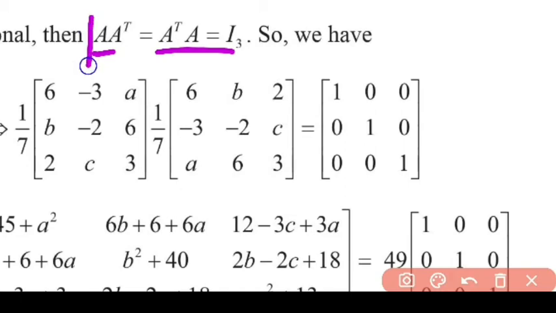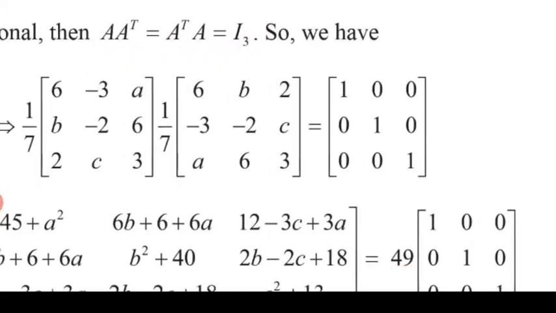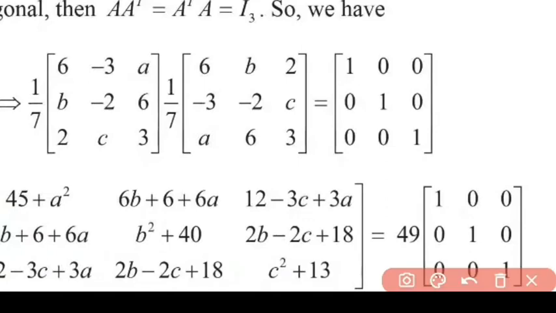So the A value is 1 by 7 into [6, -3, A; B, -2, 6; 2, C, 3].